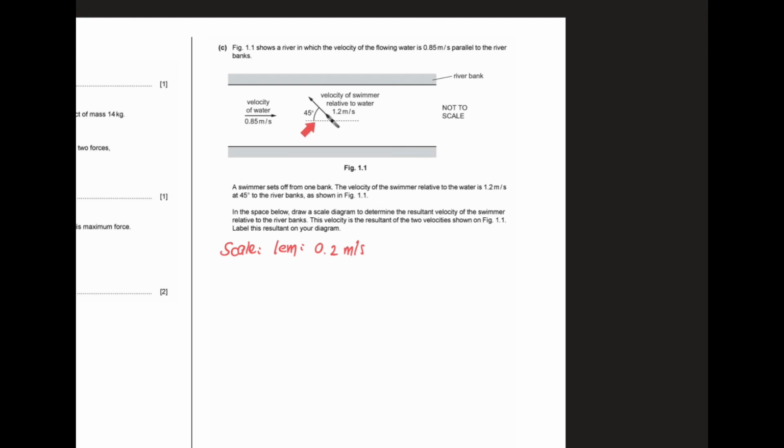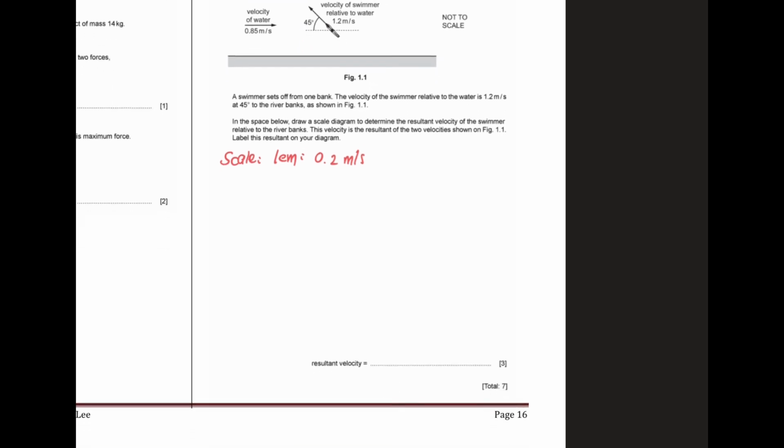In that case, for this 1.2 meter per second, which is 6 times of this, I have to draw 6 cm at 45 degree from the horizontal.